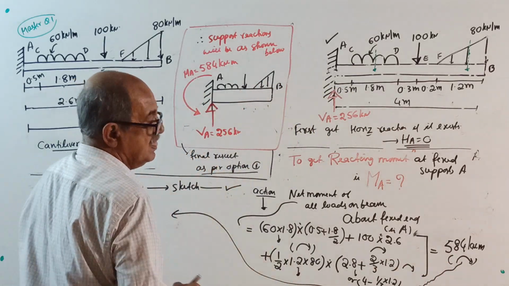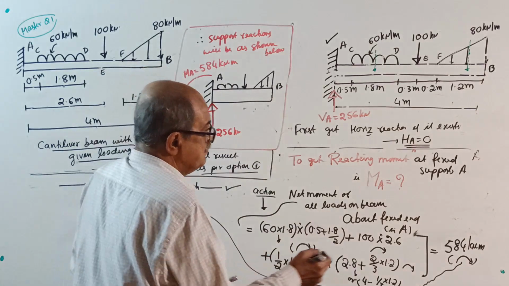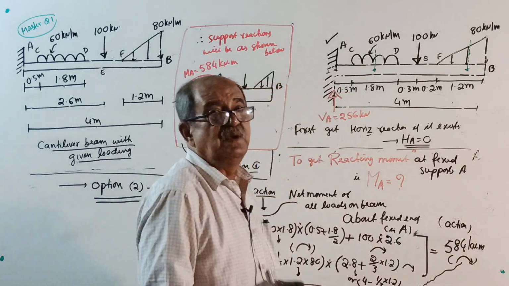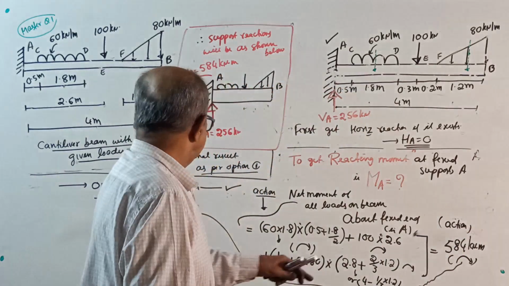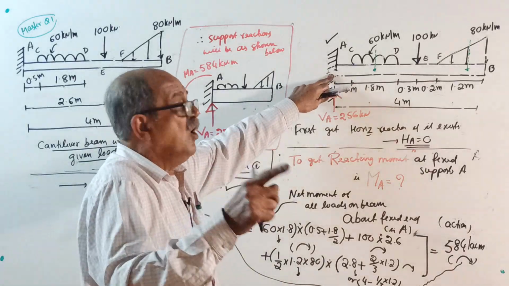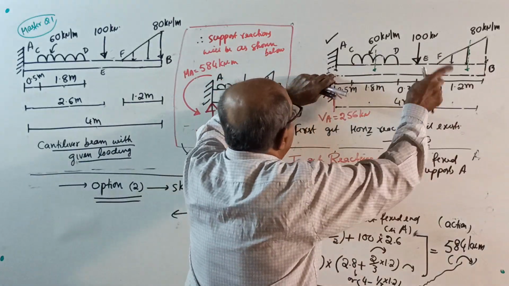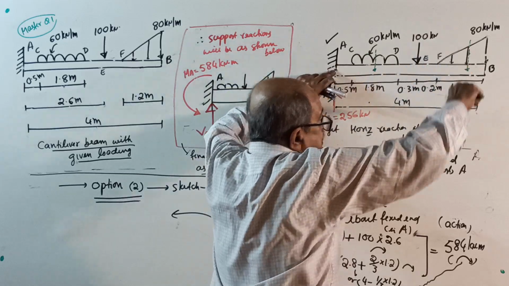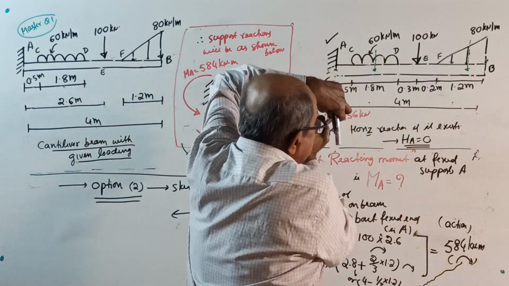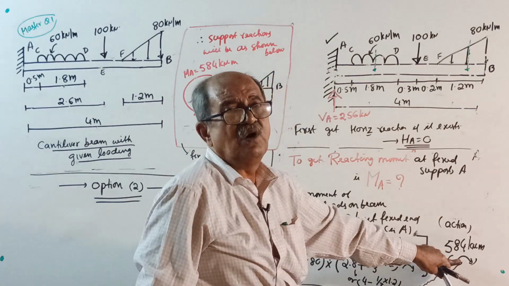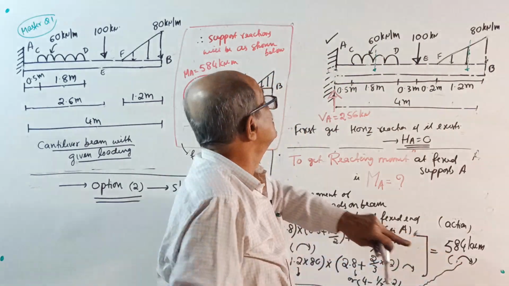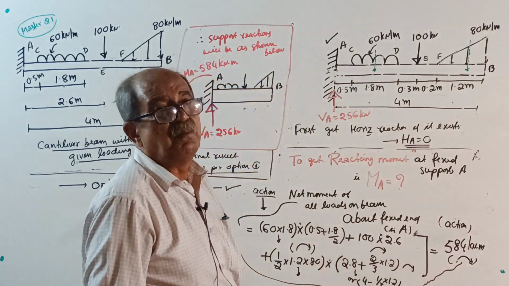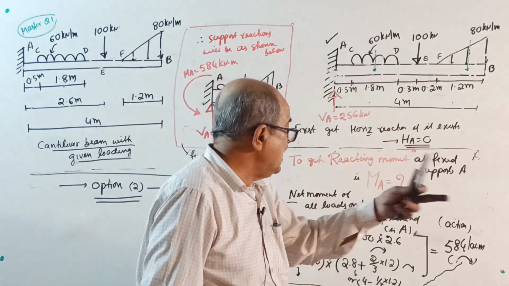Now some statement you have to write. This is nothing but your action, considering moment about fixed end. All this load together will try to rotate the beam with respect to fixed end point A in clockwise direction by moment of 584 kN meter. So the reacting moment will be equal in magnitude but opposite in direction to the action.